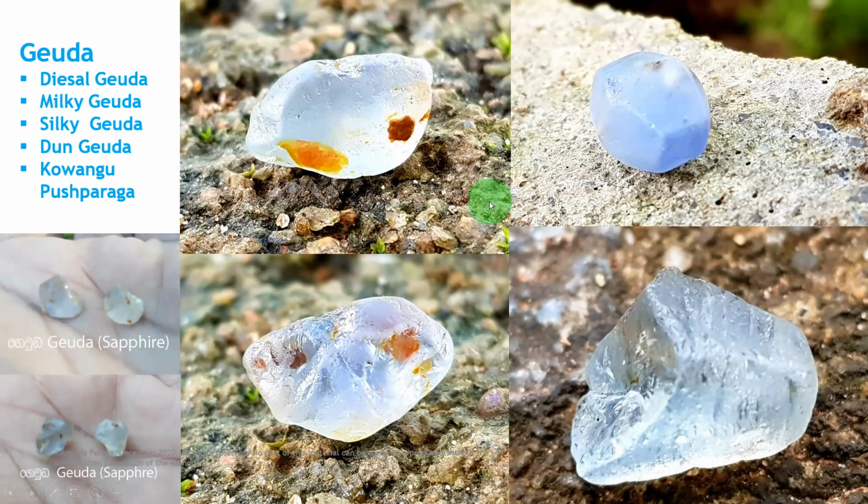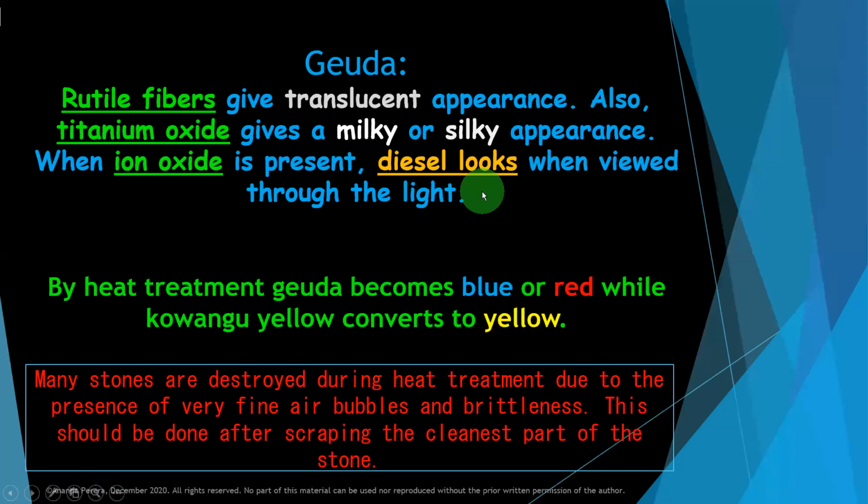When we heat the stone Gewda, we have to remove all the cracks and everything with air bubbles also. Right. Gewda means inside the Gewda, rutile fibers. If inside Gewda there are rutile fibers, they give a translucent appearance to the stone. Also, titanium oxide gives a milky or silky appearance. Remember, titanium oxide is there.